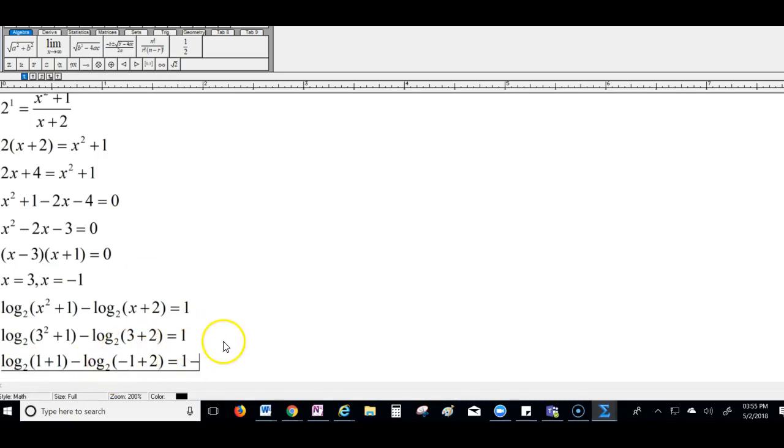And the log base 2 of 1, remember, the logarithm of any base of the number 1 is always 0, because 2 to the 0 power is 1. So this checks too. So both of these solutions work.